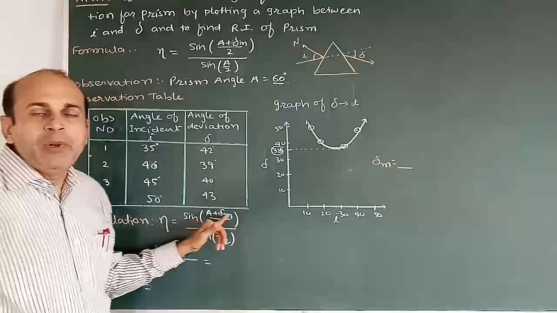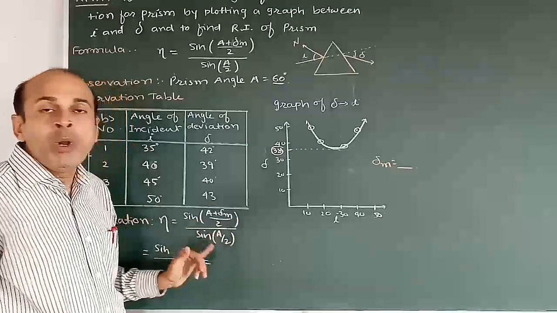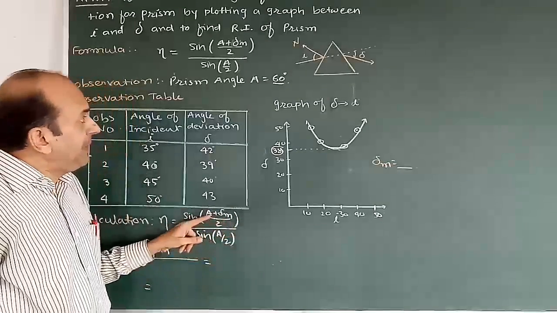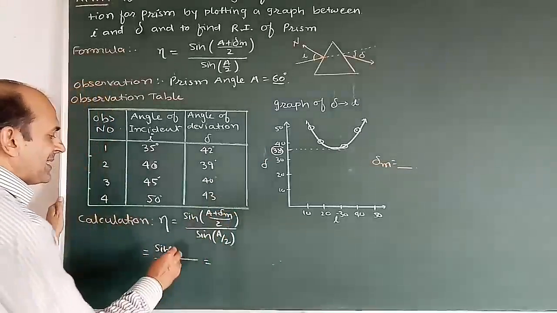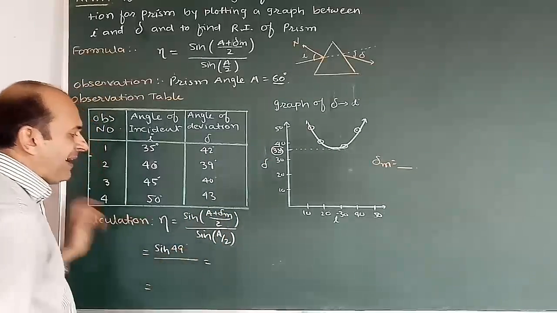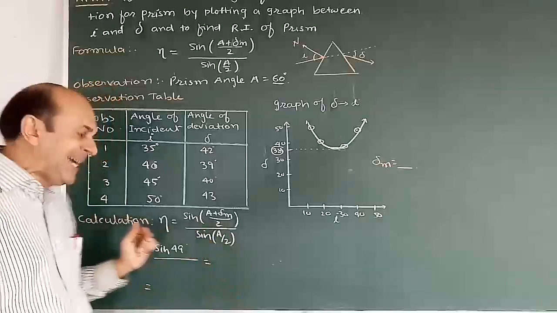So sine of (A plus delta m) by 2, whole upon sine A by 2. A means 60 plus 38, that is 98, by 2. It is sin 49 degrees, divided by sin 60 by 2, that is sin 30 degrees.